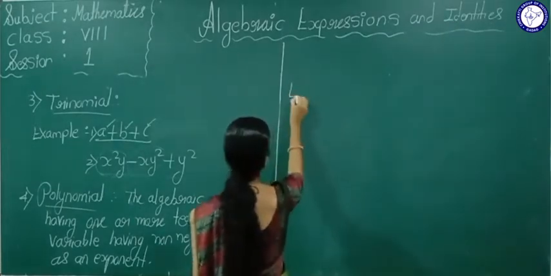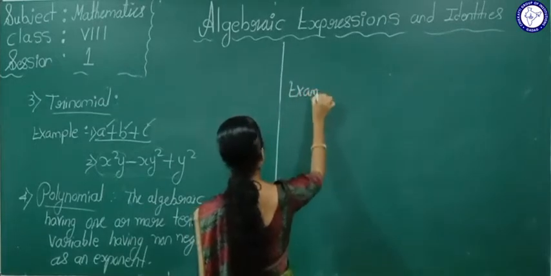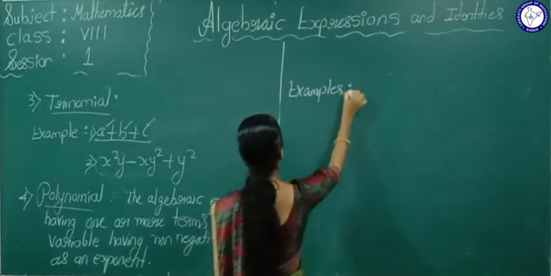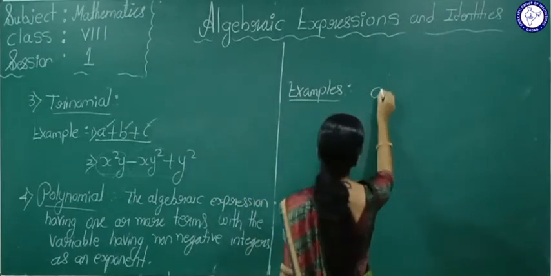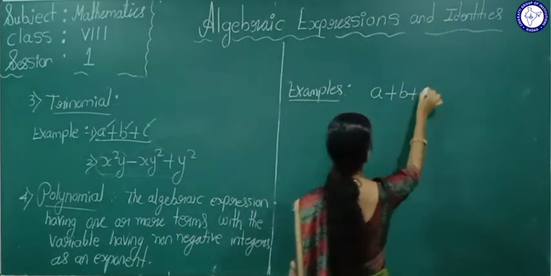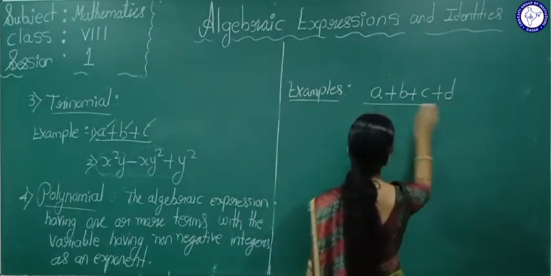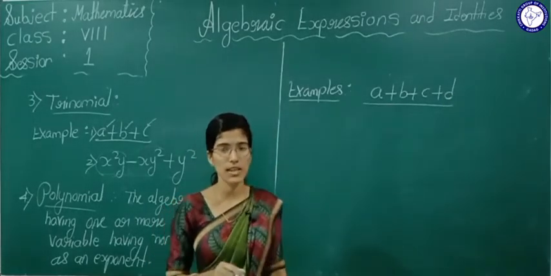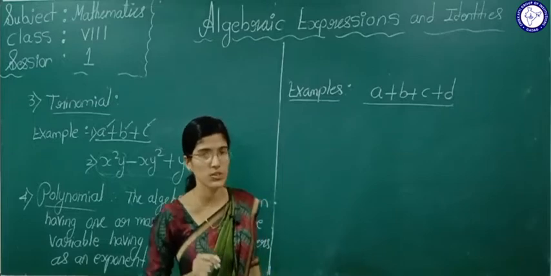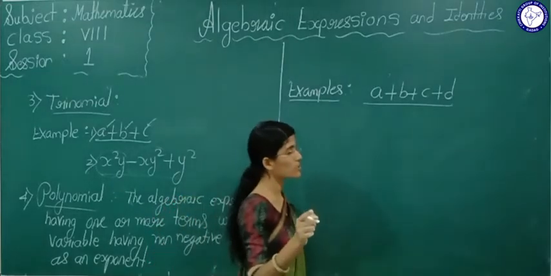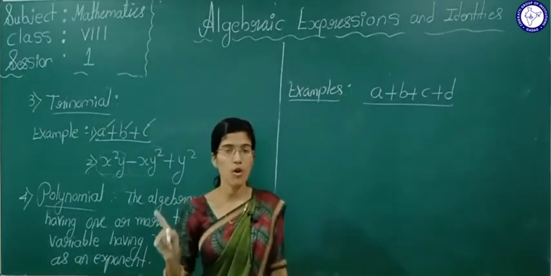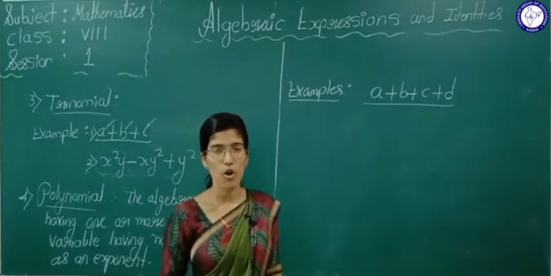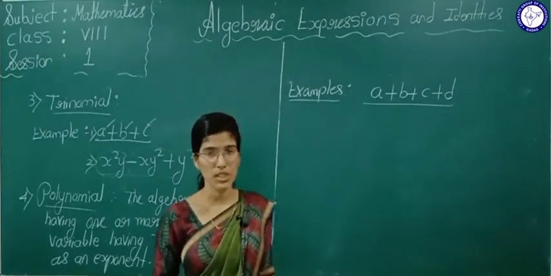Now see here, I will give examples, means you will understand clearly. A plus B plus C plus D. Now students, is this an algebraic expression? Yes, this is an algebraic expression, because an algebraic expression is a combination of variables, constants and mathematical operations.